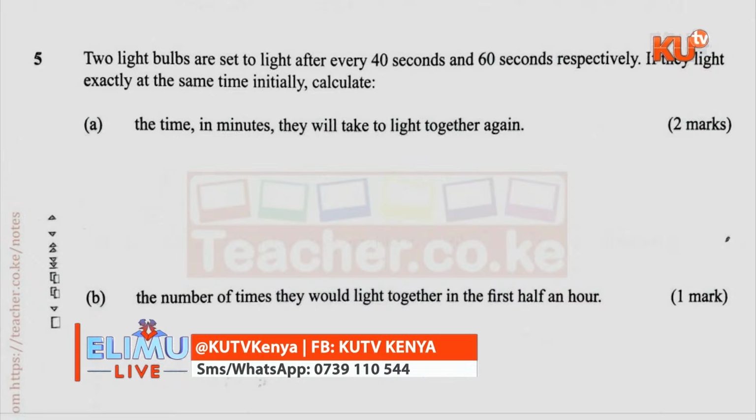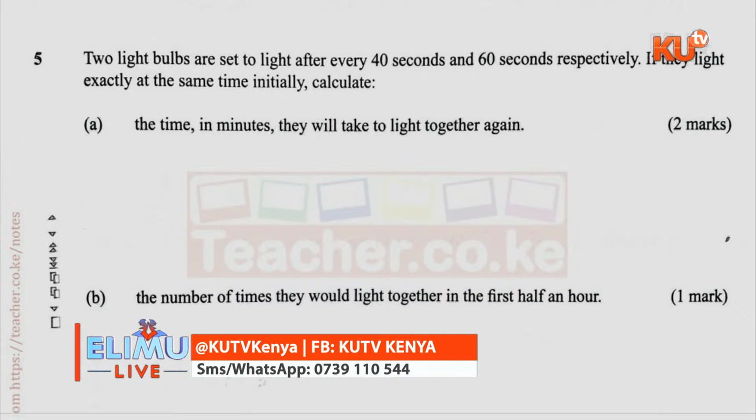Now, when you get such a question, dear students, how do you tackle it? You learn that you first of all have to get the LCM of 40 and 60. I'll use a table, 40 and 60.